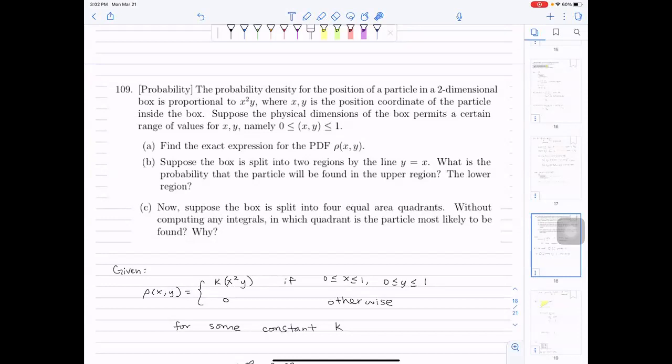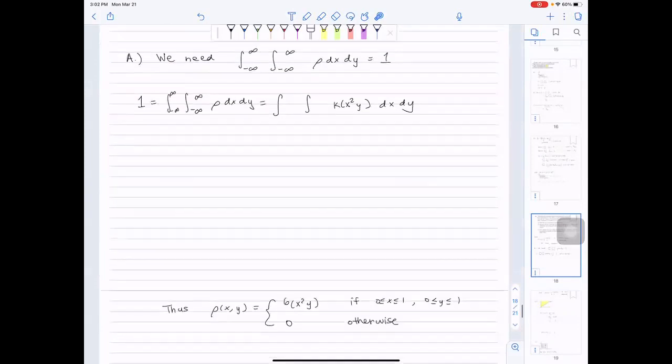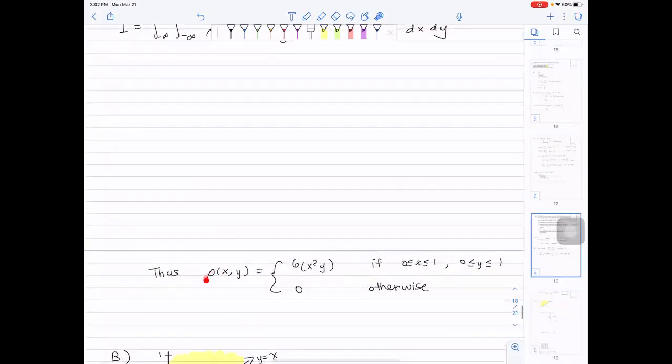So 1 equals k over 6, which means that k equals 6. Any questions on that part? Okay, so now we have that our probability density is 6x squared y if we're in our region and 0 otherwise.